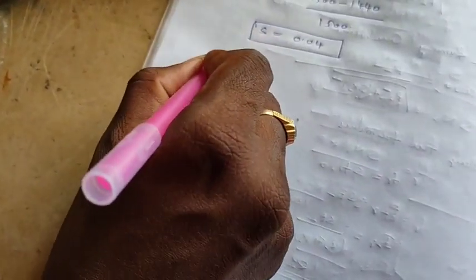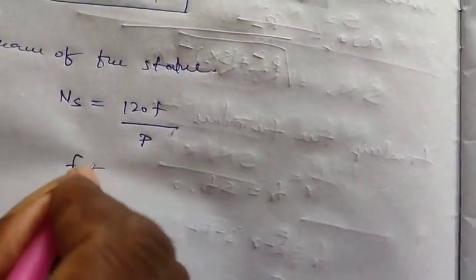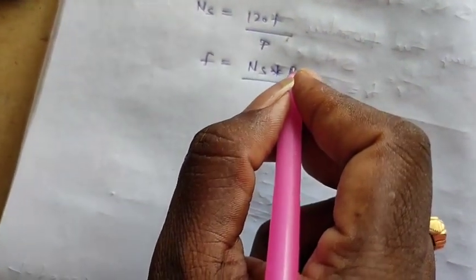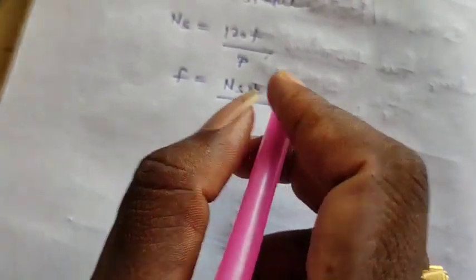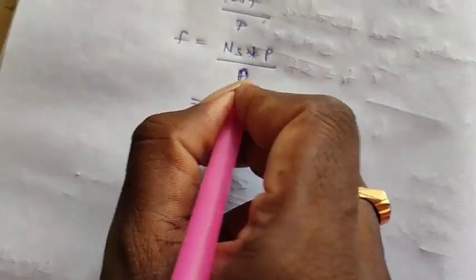We don't know the frequency of the stator. So that is ns equal to 120f by p, that is f equal to ns into p divided by 120.